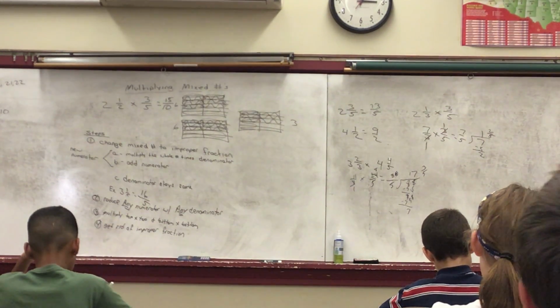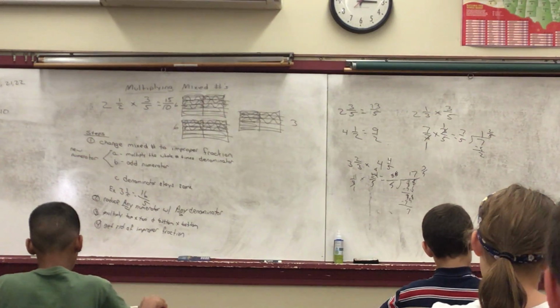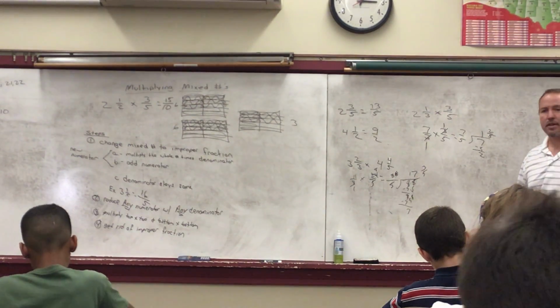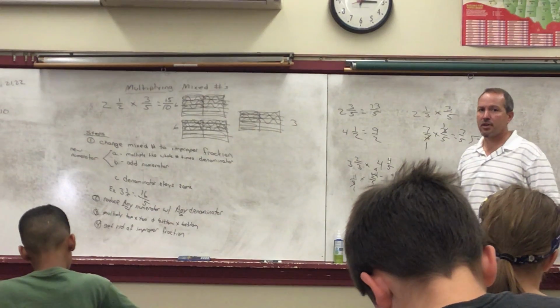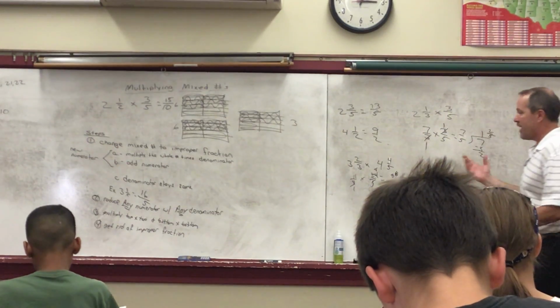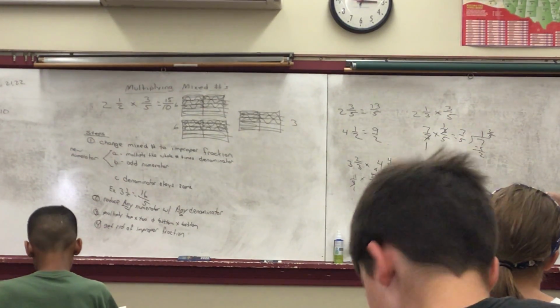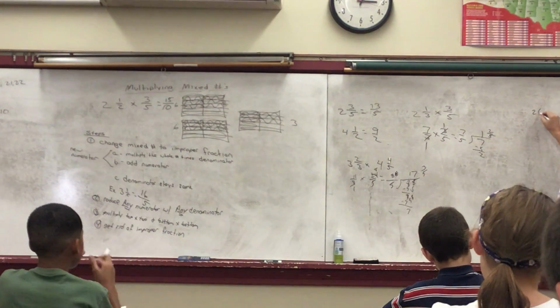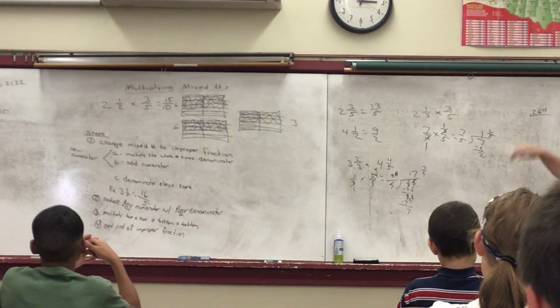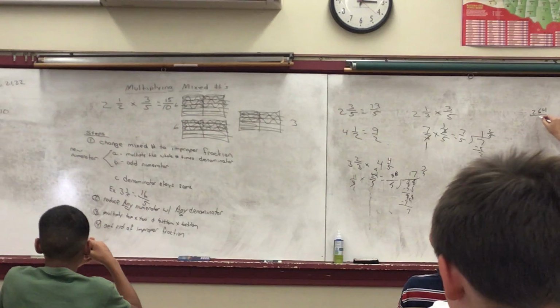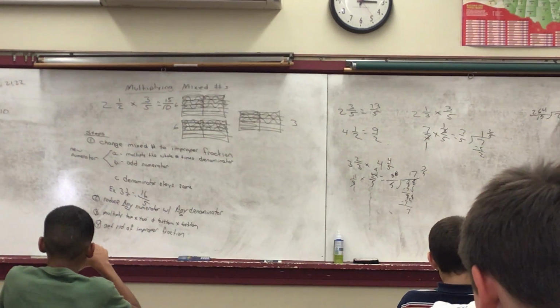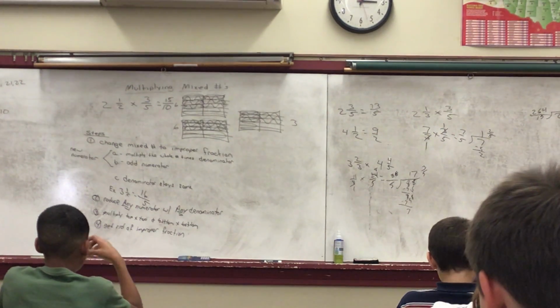Any questions? Like I said, very important that if you can reduce it, you reduce it right away. If not, 24 times 11 is, I think, 264, if I'm doing it right. And then 3 times 5 is 15. So then I have to take 264 divided by 15.